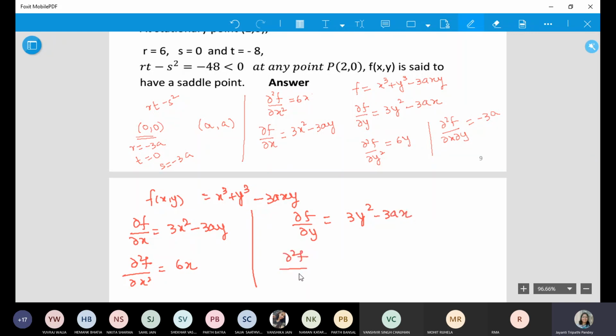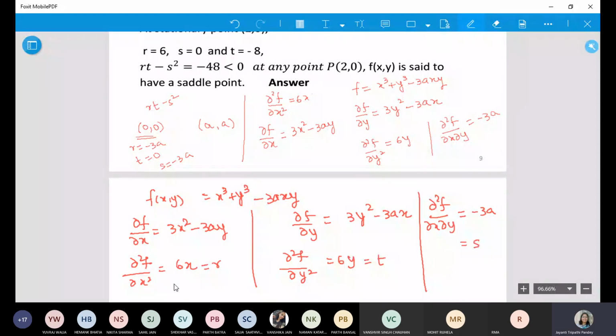Del 2f by del y square is 6y. Del 2f by del x del y is minus 3a. Is this fine now? Yes, ma'am. Now this is our r and this is our s.